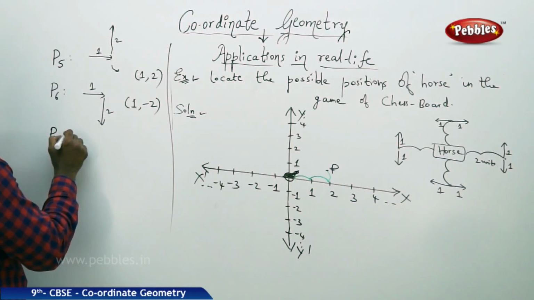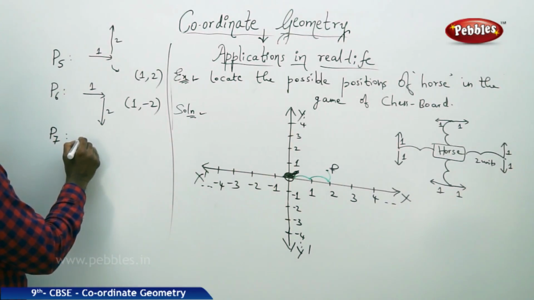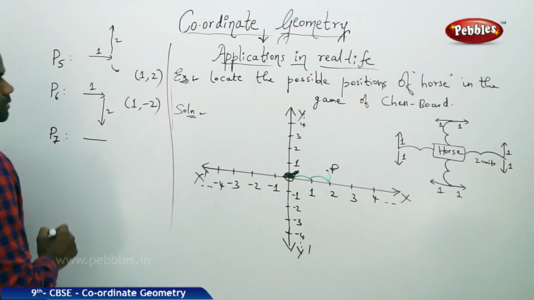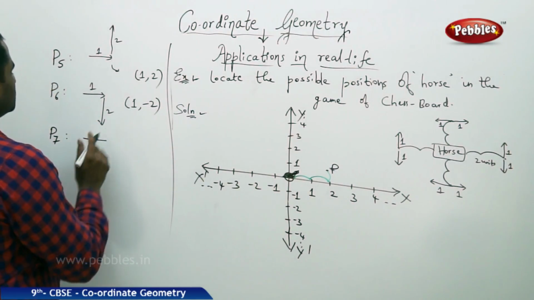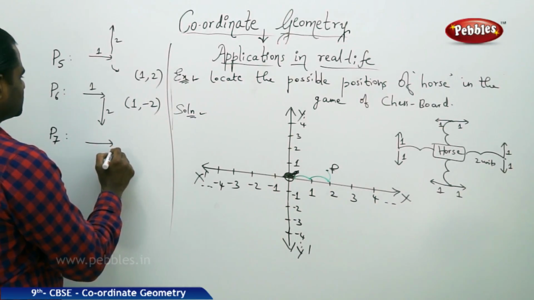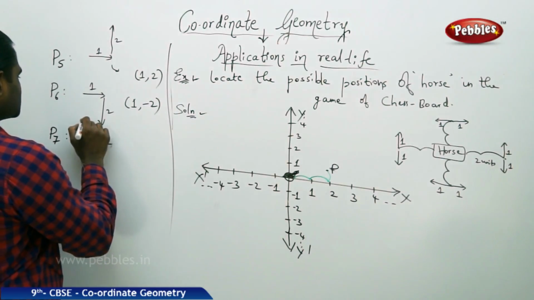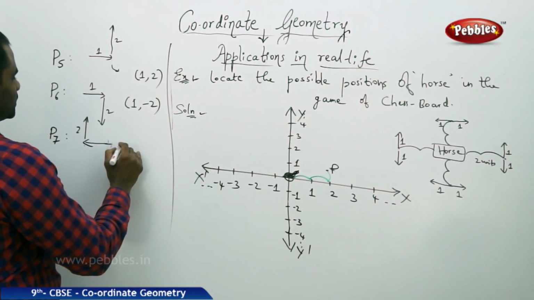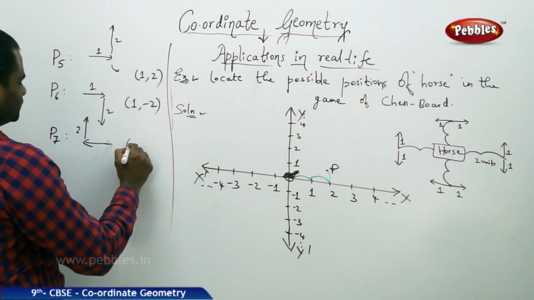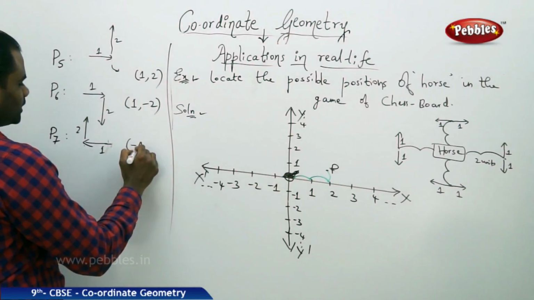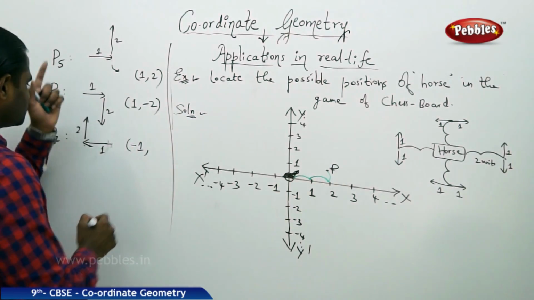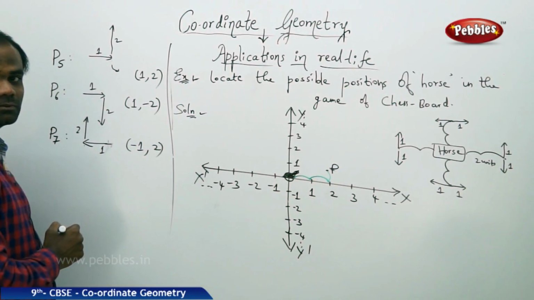Next, I have my P7, which is when the horse moves 1 unit left and 2 units up. So here my coordinates refer to 1 unit left, hence -1, and 2 units up, so +2.